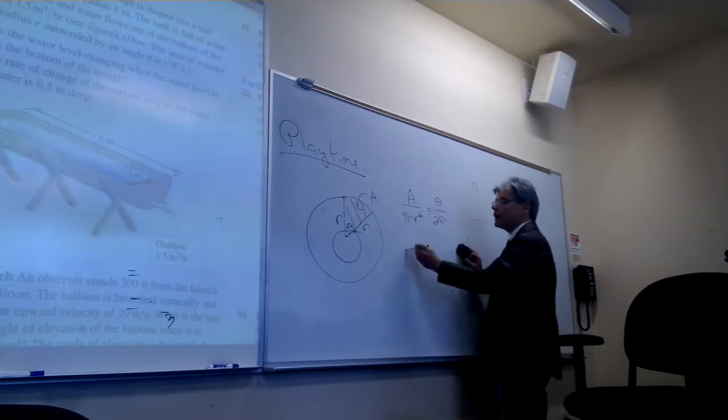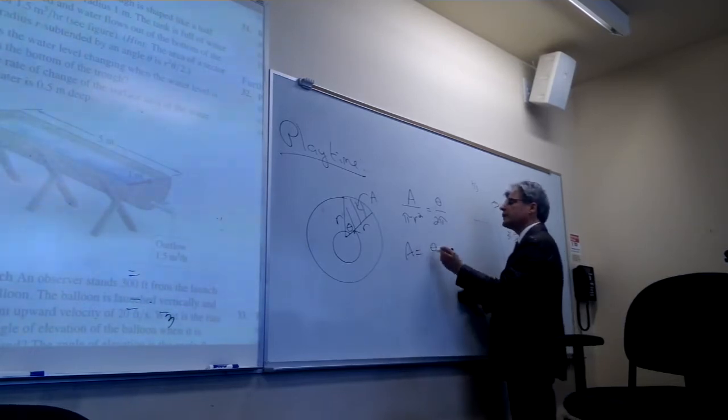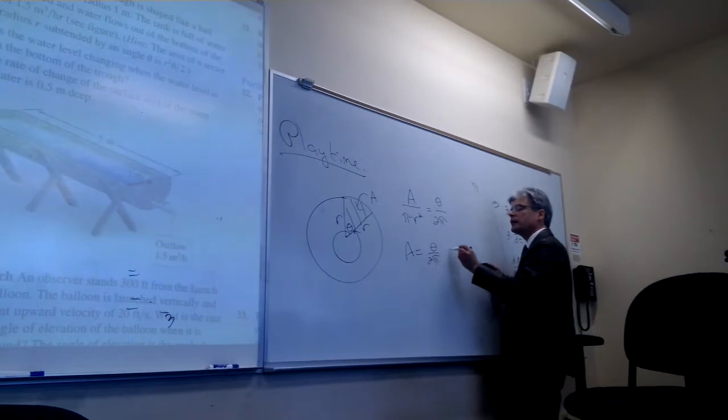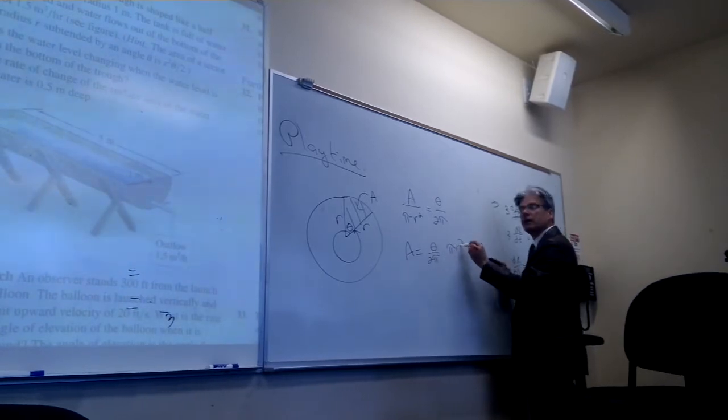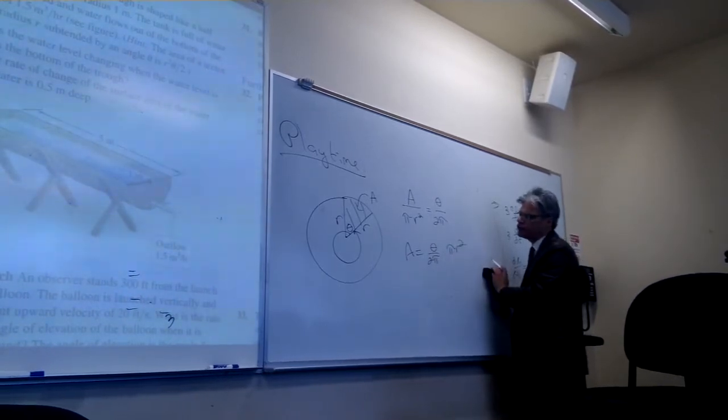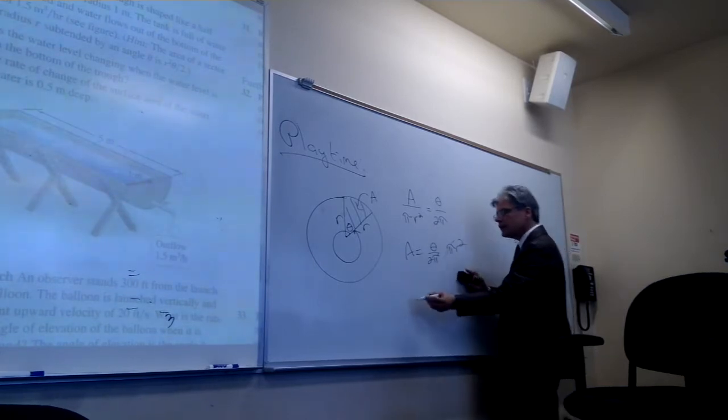Now, in solving for A, I'd take both sides of the equation and multiply by the denominator of the fraction on the left-hand side. A bit of cancellation. Doesn't it tell me that the area is nothing more than 1/2 r squared theta?